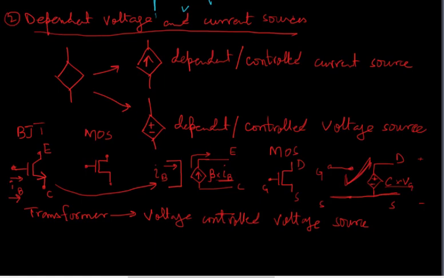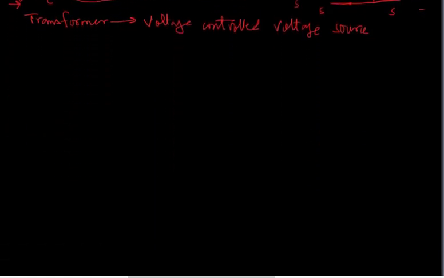Now the other kind of elements that you are going to see in this course are, let me write them, passive elements. Now you have already heard the term passive.